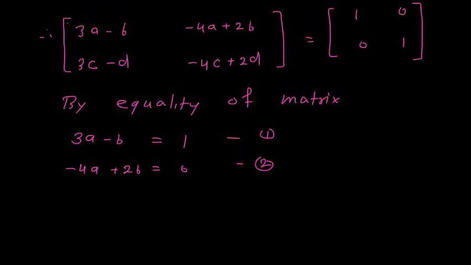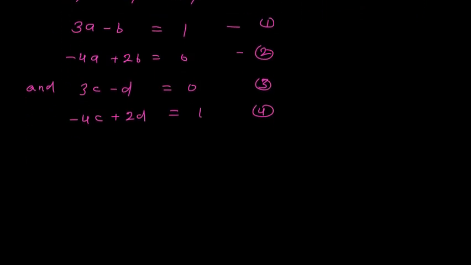Similarly, 3c minus d is equal to 0 and minus 4c plus 2d is equal to 1. This is equation 3, this is equation 4. Now we can solve equations 1 and 2, and equations 3 and 4.